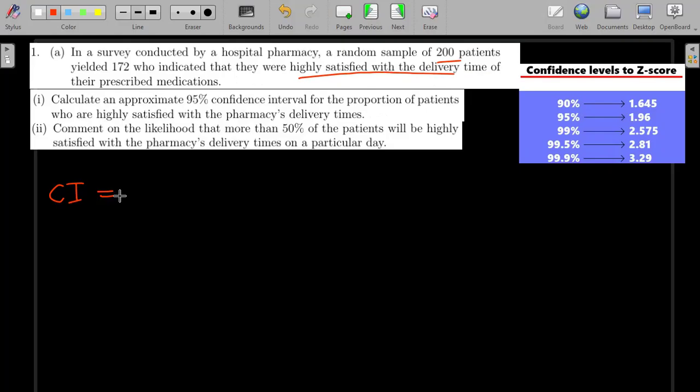So the formula is given by the proportion, which is p hat, plus or minus the z value at alpha divided by 2, and then the square root of the proportion times 1 minus the proportion, divided by n.